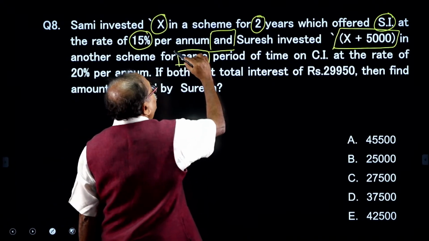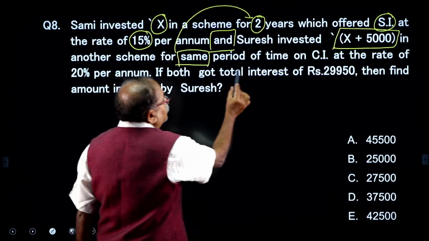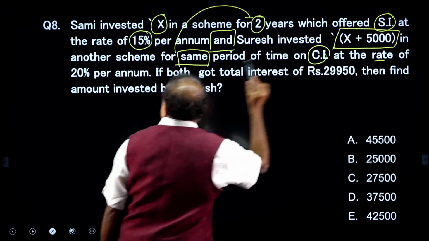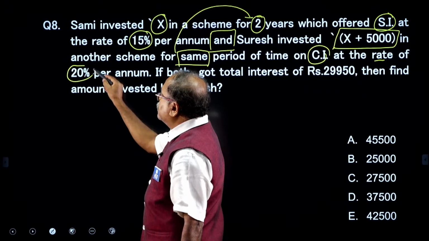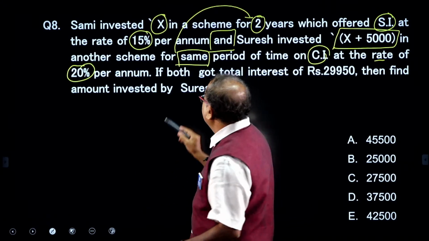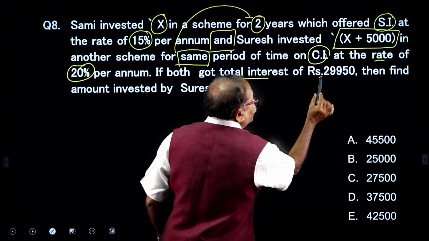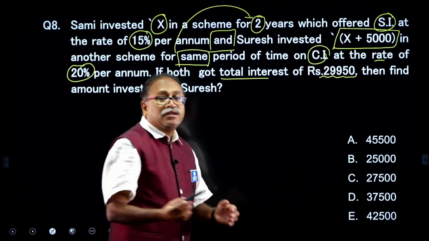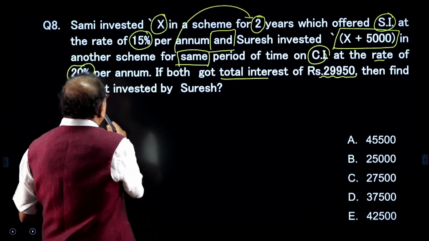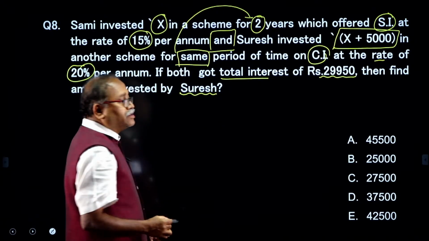That means the period is the same, 2 years, at compound interest at the rate of 20% per annum. If both got the total interest of rupees 29,990, find the amount invested by Suresh.